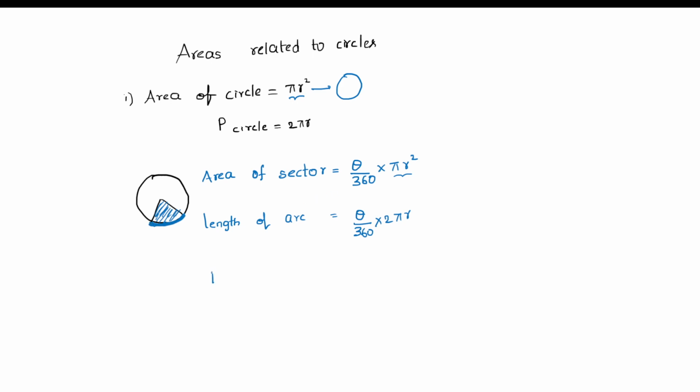Whereas perimeter of sector is given by theta by 360 into 2 pi r plus 2r, because perimeter of sector means we should cover all the sides of sector. So this will be r, this will be r, and this will be arc length. So arc length is given by theta by 360 into 2 pi r, and two sides will be 2r. So you must remember all these formulas, and this is set 2.